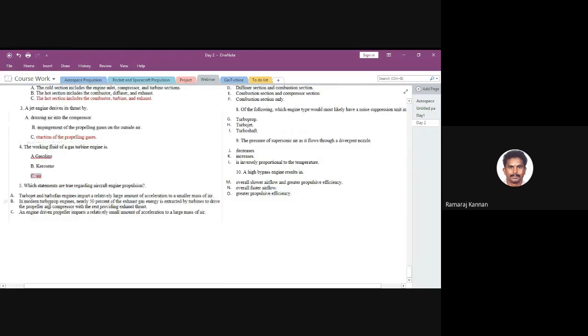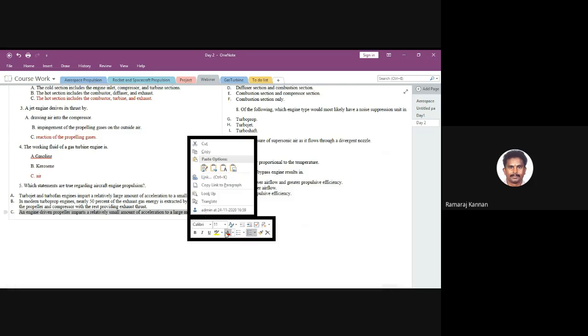And the fifth question, which statements are true regarding aircraft propulsion? The engine driven by a propeller imparts a relatively small amount of acceleration to a large amount of air.